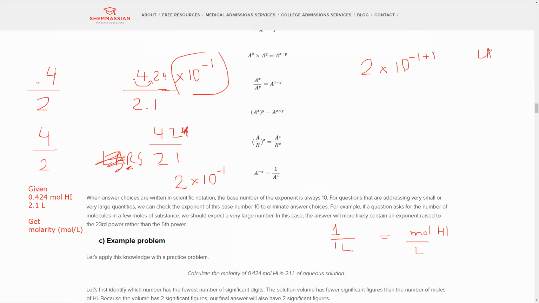Remember, if I added 1, what direction am I pushing this decimal? To the left or to the right? To the left. So my final answer is going to be pretty much exactly 0.2 molarity HCl, or HI rather.